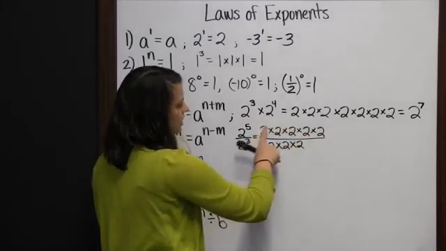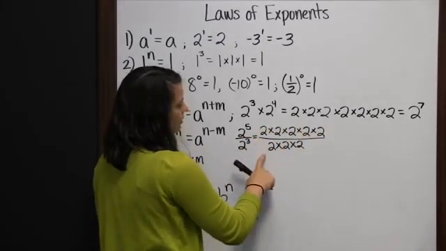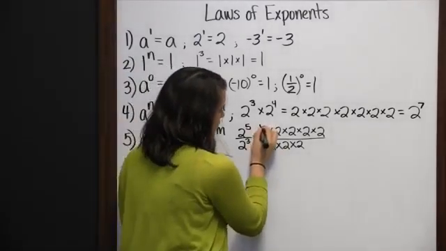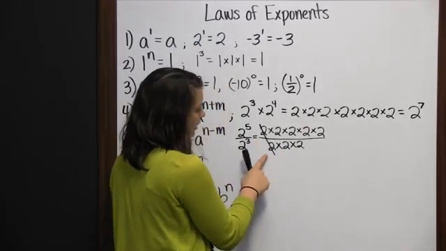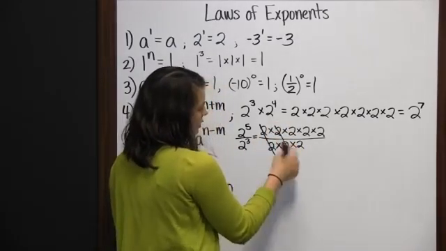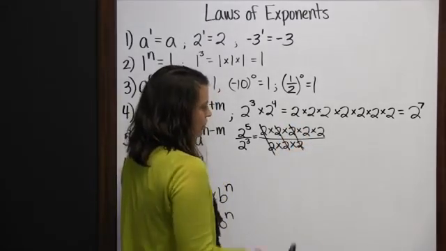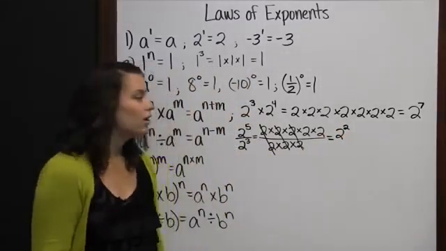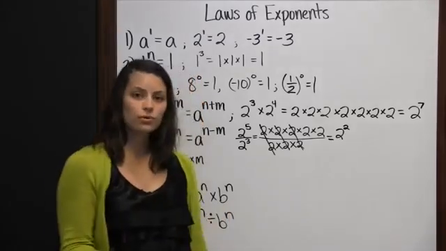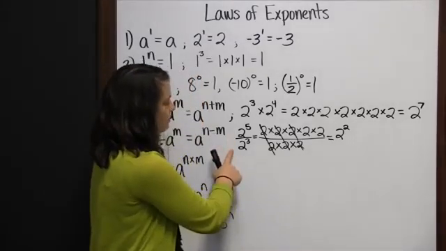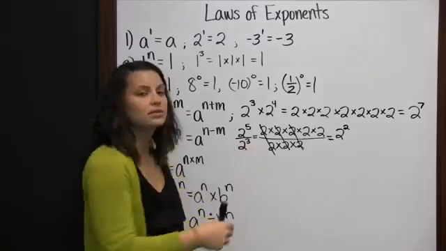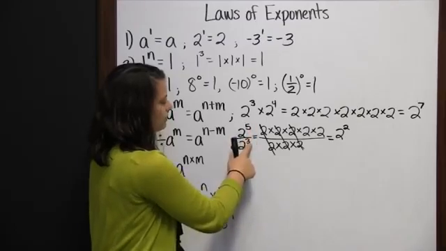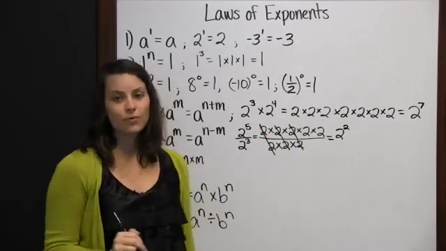Well, we can simplify by canceling. 2 divided by 2 is 1, three times. So what we're left with is simply 2 squared, or 4. Instead of doing this, we can use our rule that when we're dividing numbers with the same bases, we simply subtract the exponents. That saves us a little bit of time. 2 to the 5th divided by 2 cubed, 5 minus 3 is 2, so it's 2 squared, which is 4.